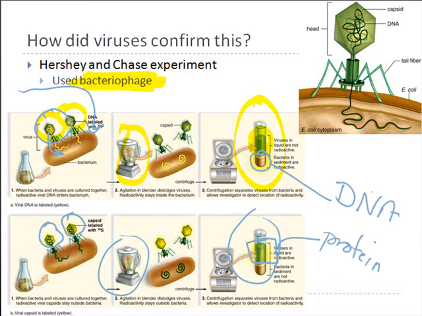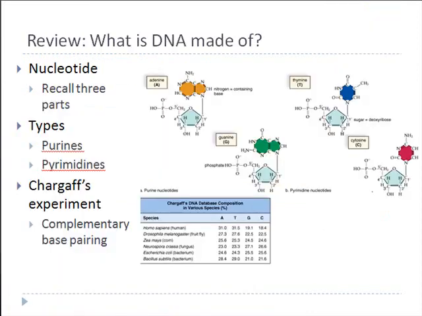And again, this just confirmed that DNA is the portion of the cell that controls the activities of the cell. It's where we keep all the information for the manufacture of proteins and other activities in the cell. Now, really quickly, let's go through a quick review of what DNA is made of. You will remember that DNA is a type of nucleic acid, and that nucleic acids are one of the 4 types of organic molecules.